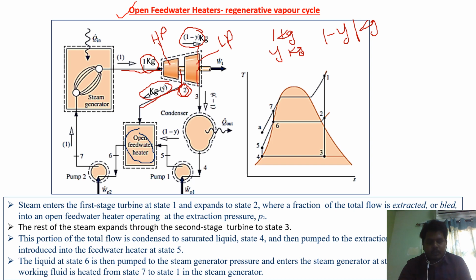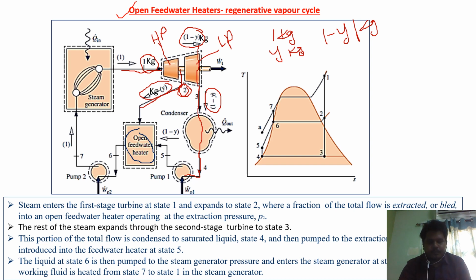After expanding through the low pressure turbine, it will enter into the condenser. The same 1 minus Y mass gets condensed in the condenser and it will enter into pump 1.